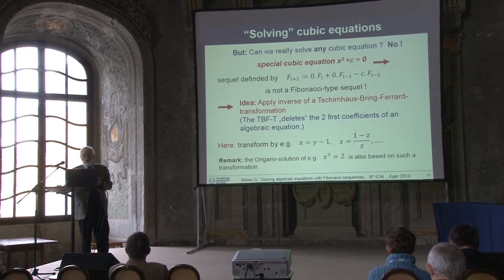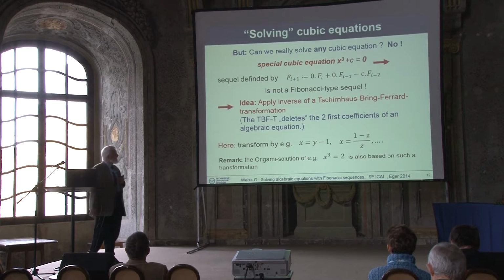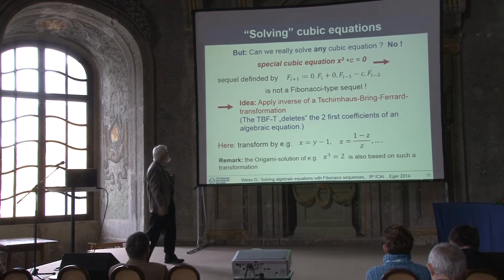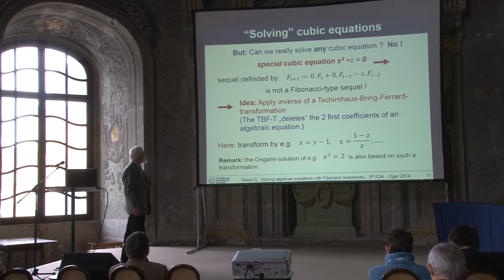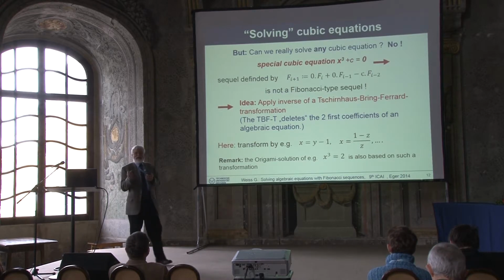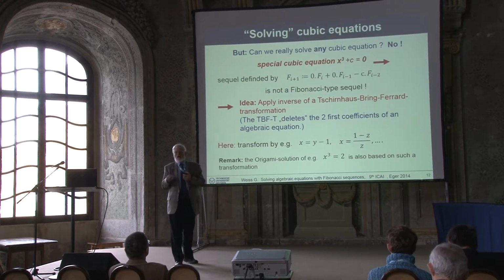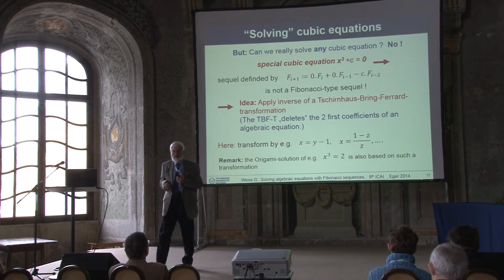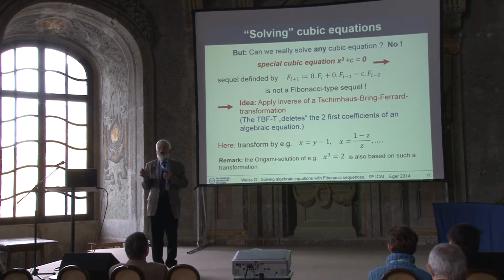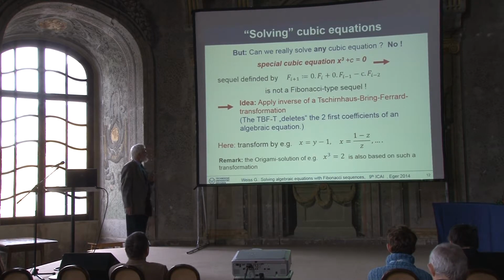What can we do? If it's not a Fibonacci type sequence like we have it here, the idea is to take the inverse of a Tschirnhaus-Bring-Jerrard transformation. Tschirnhaus, a Dresden guy, died in 1708, and it's long ago, more than 300 years ago.